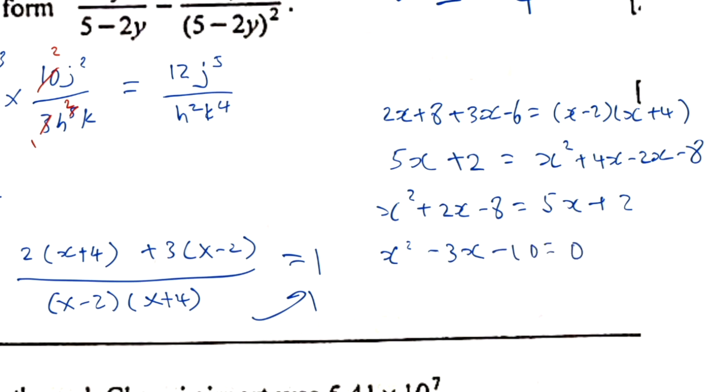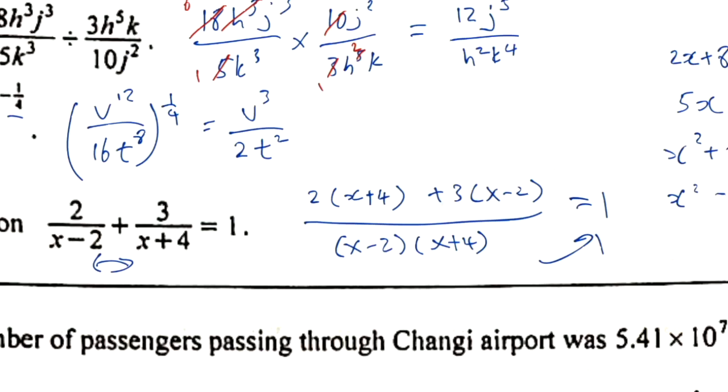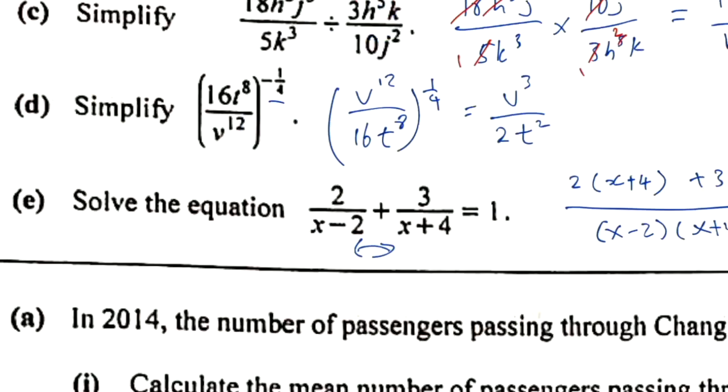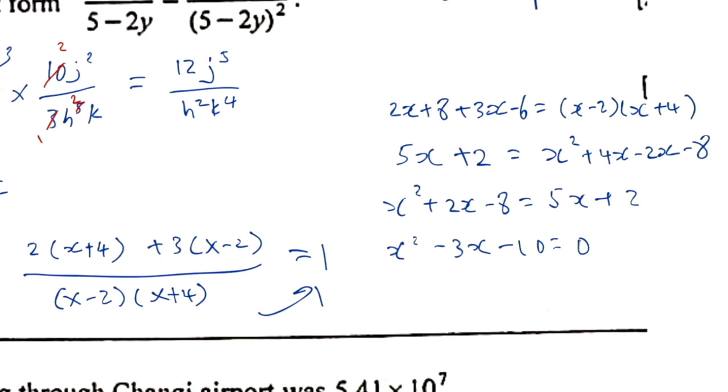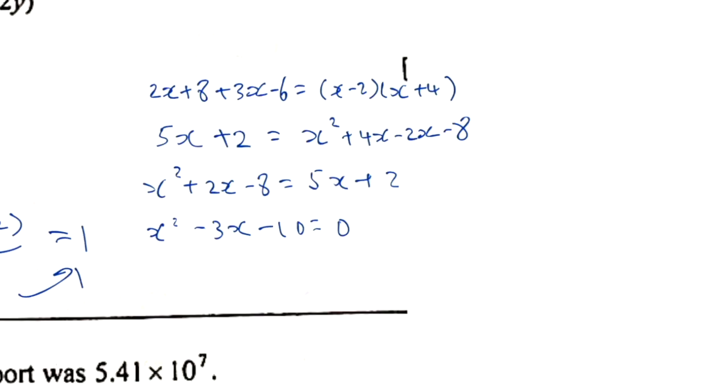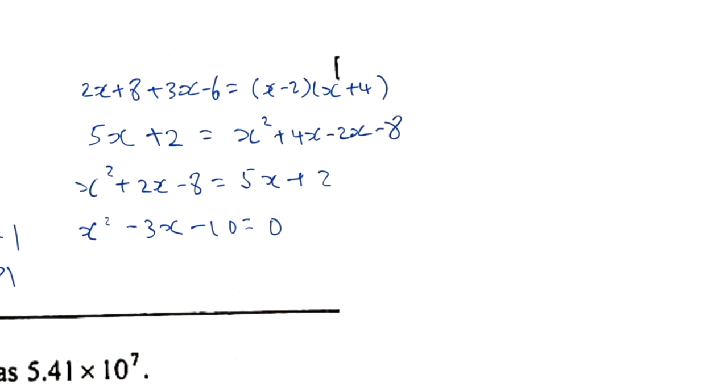Okay, so once you reach this state, you have to do the factorization. Because it says solve the equation, you have to find x. So how to find x? Factorize. Yeah.